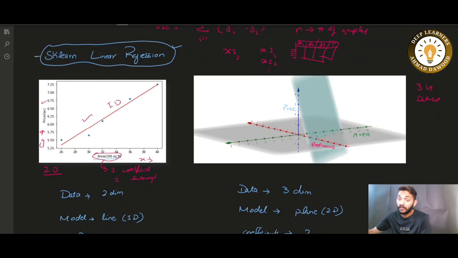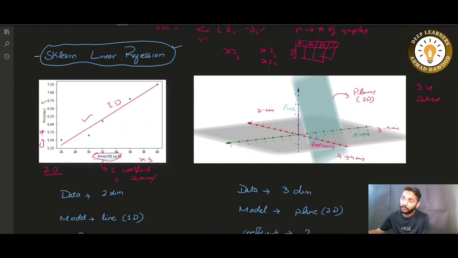If we plot the graph, on the x-axis there is the number of bedrooms, on the y-axis there is the area, and on the z-axis there is the price. So we have a three-dimensional plot here, and our model will be like a plane, which is two-dimensional.